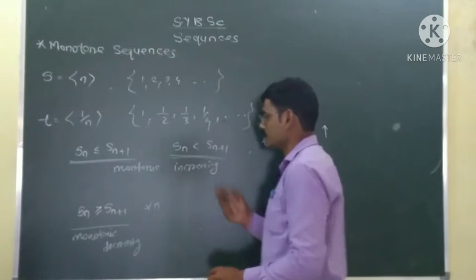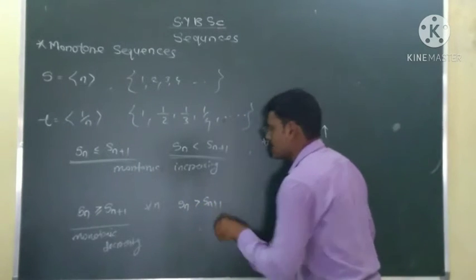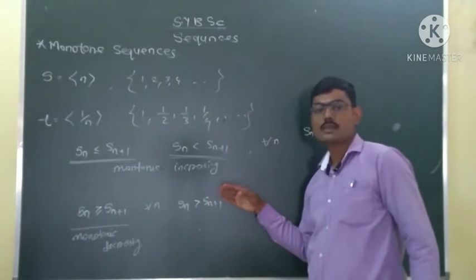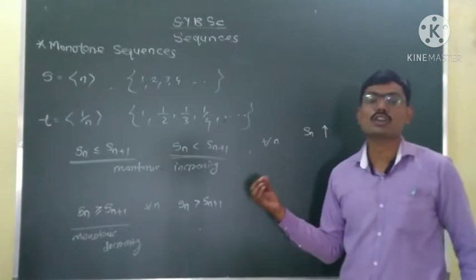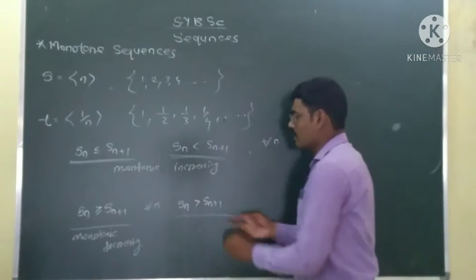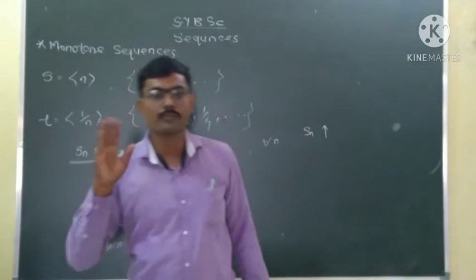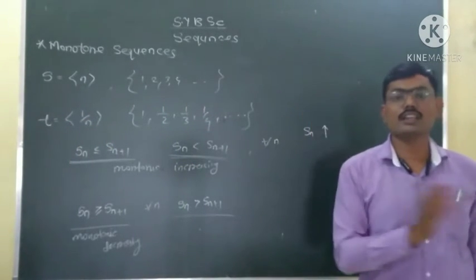Or you can say that if Sn is strictly greater than Sn plus 1, each previous term is strictly greater than its subsequent term, then we say that the sequence is strictly monotonic decreasing. This must be valid for all n. So the idea of a monotonic sequence is that the sequence is either increasing or decreasing.